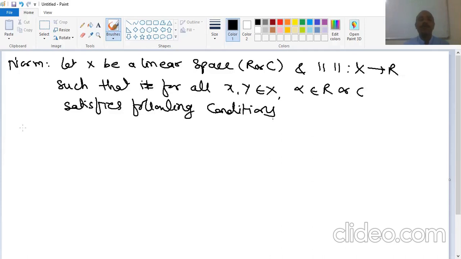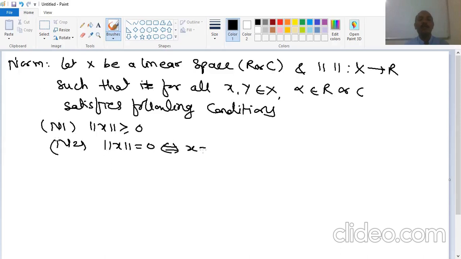First one, norm x is always greater than or equal to 0. Second, norm x is equal to 0 if and only if x is equal to 0. Third condition of norm, that is norm of alpha x is equal to mod alpha norm x.